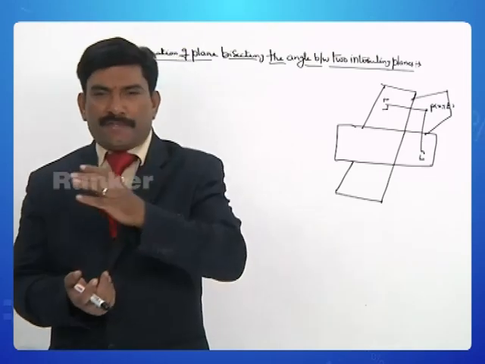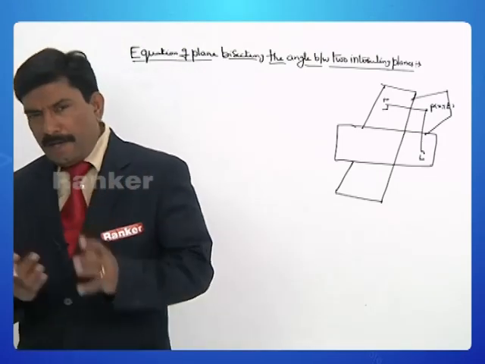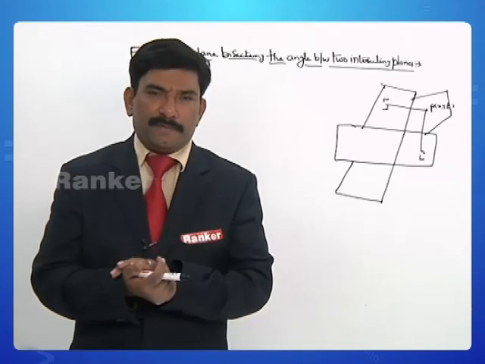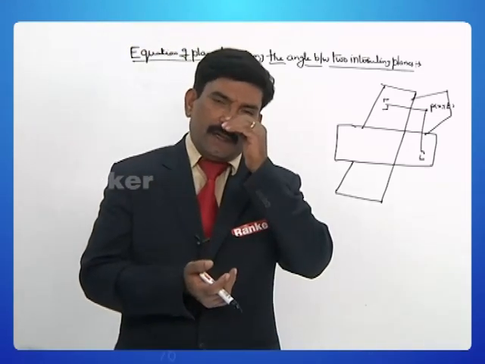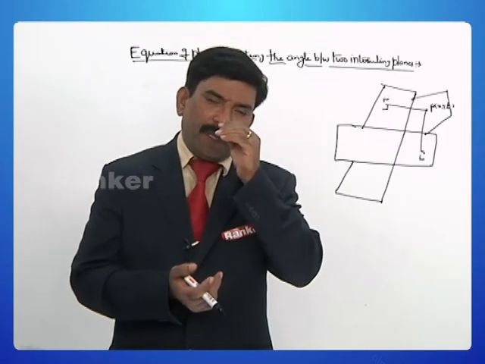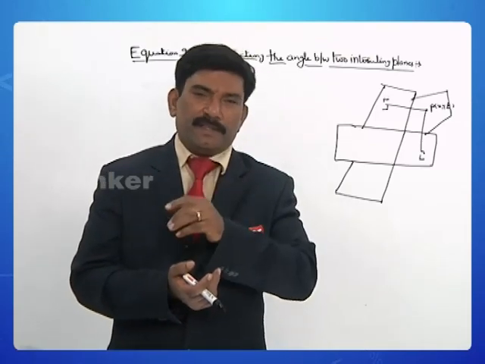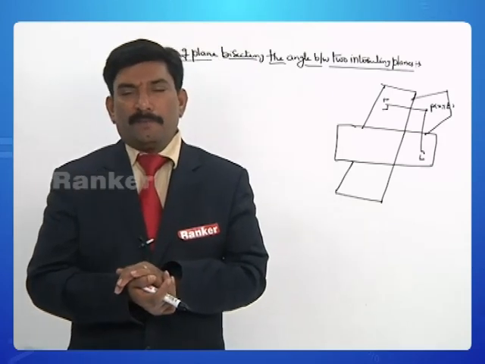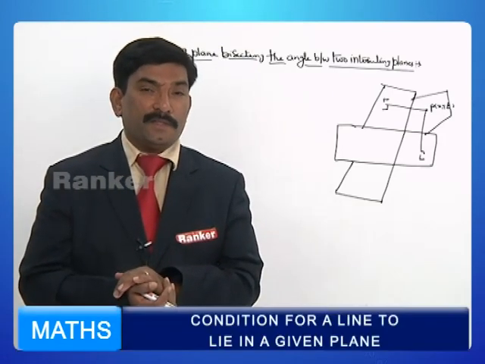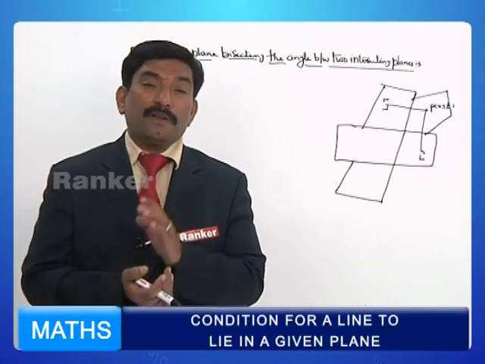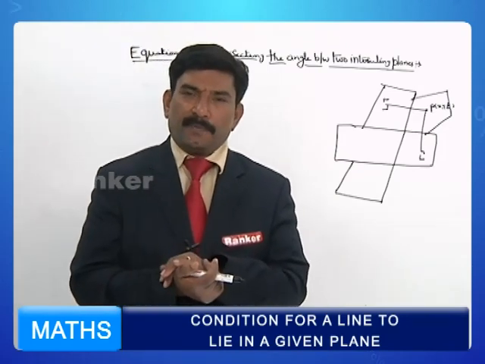The context is the angle may be acute, the angle may be obtuse. Let us see how to identify whether the plane is an acute bisector, or an obtuse bisector, or a plane containing the origin, or a plane not containing the origin. Understood?